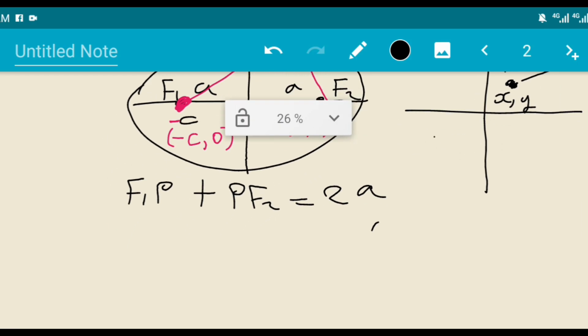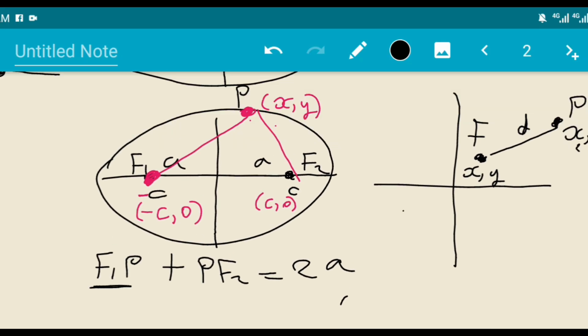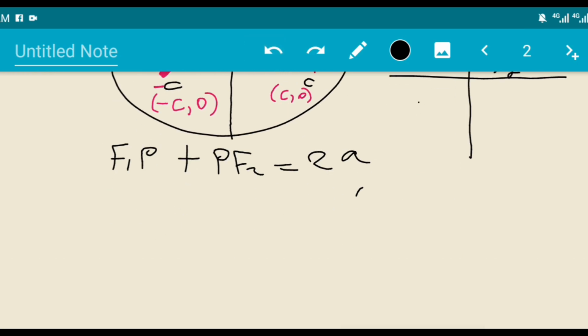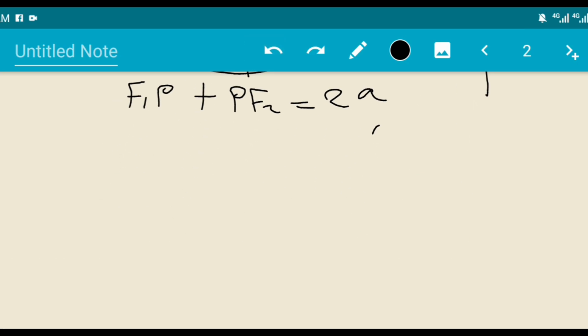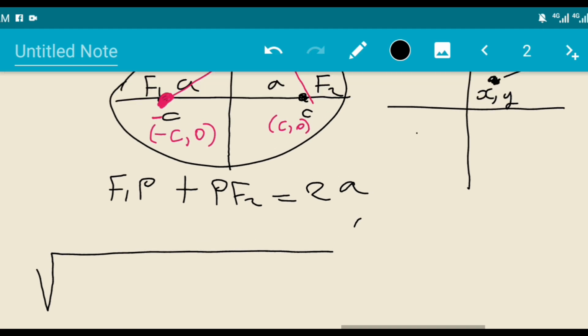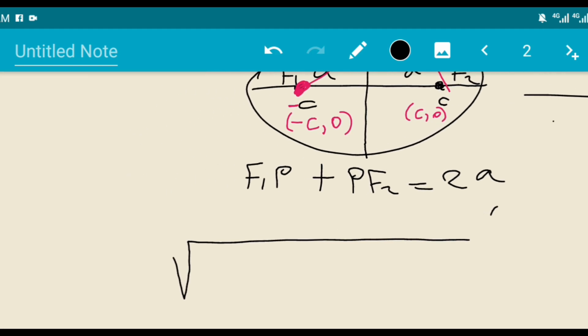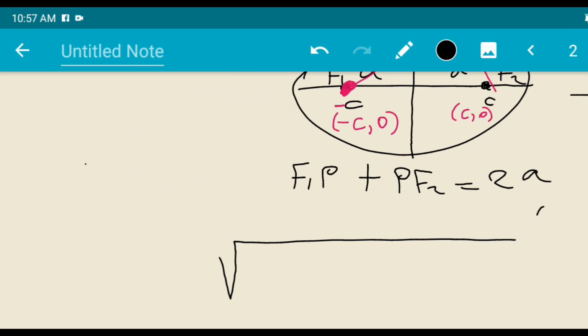Now let's find the distance f1p, which is this distance here, by using the same knowledge we were just talking about. So we do the distance equation. Now let's get their coordinates. Let's remember we're talking about f1 and p. The coordinates of f1 are -c, 0. This is f1, and then the coordinates for p are just x, y.